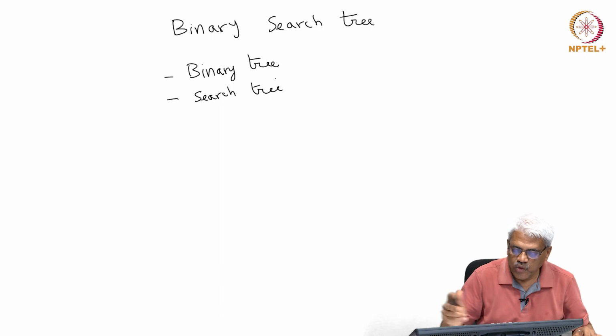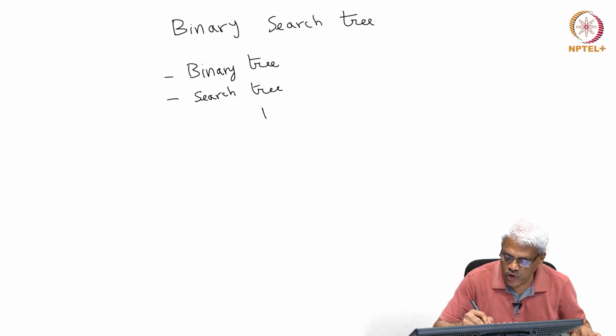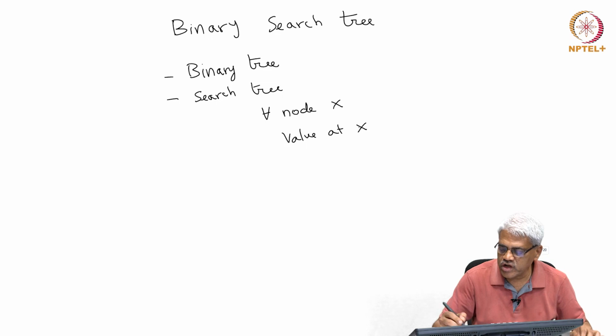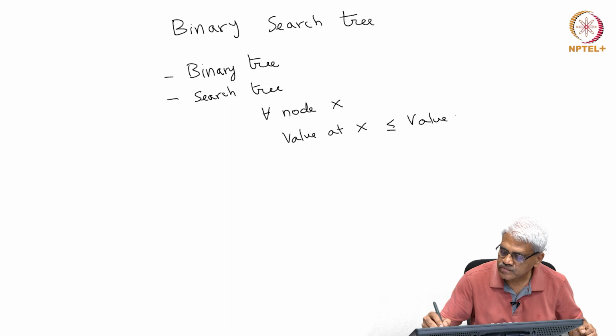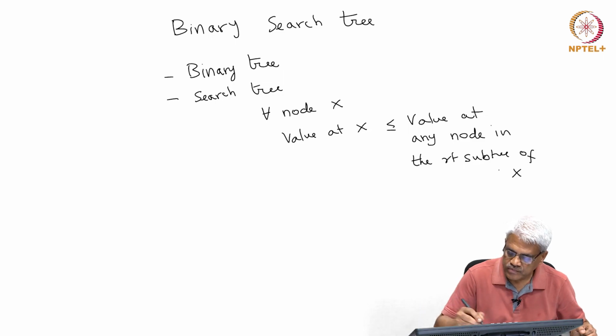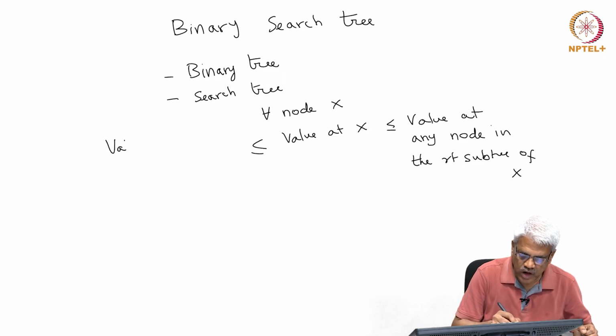Typically that means what I said before: for every node x, the value at x, what I mean, you're storing values at the nodes of the tree, is less than or equal to value at any node in the right subtree of x, and it's greater than or equal to value at any node in the left subtree of x.